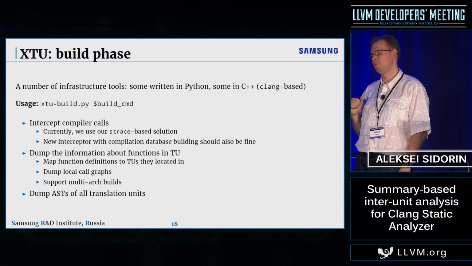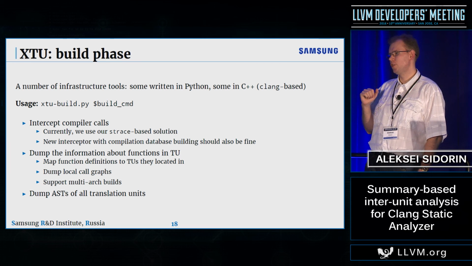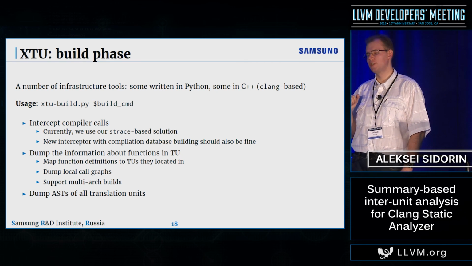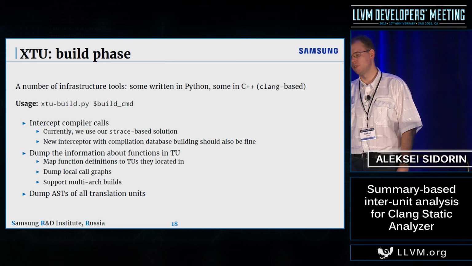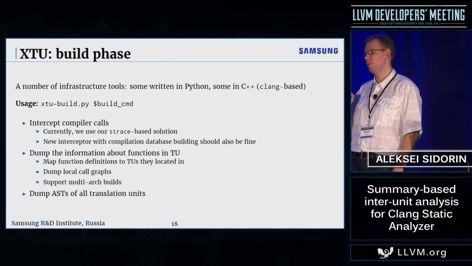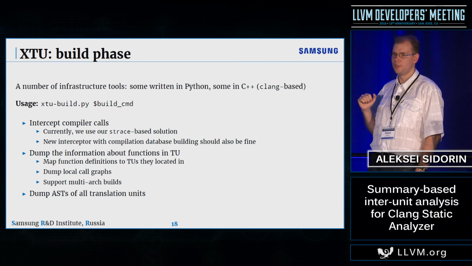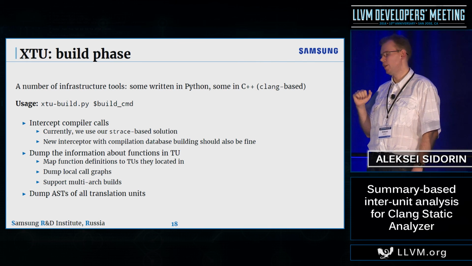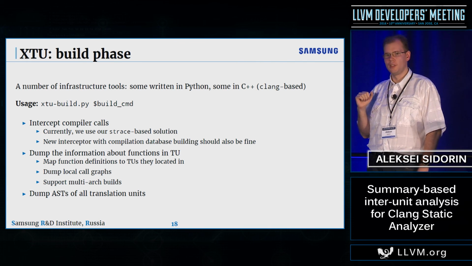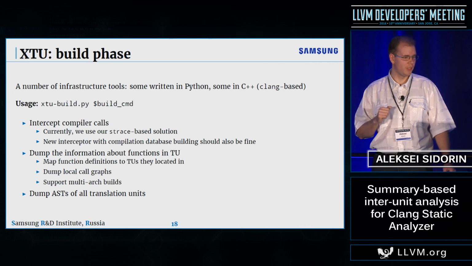In the build phase, a special tool which parses the build tool's trace output launches information collectors for every translation unit. These collectors dump all necessary information we need for analysis: a list of functions which are externally visible for the translation unit, functions needed for modeling of calls, and also local call graphs. We also dump serialized AST units in order not to reparse all the translation units again.